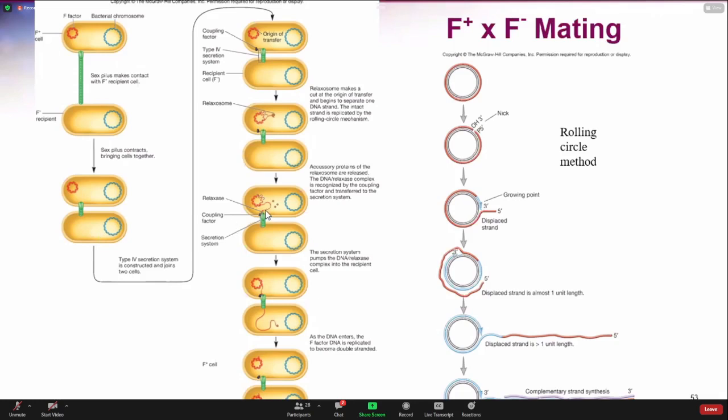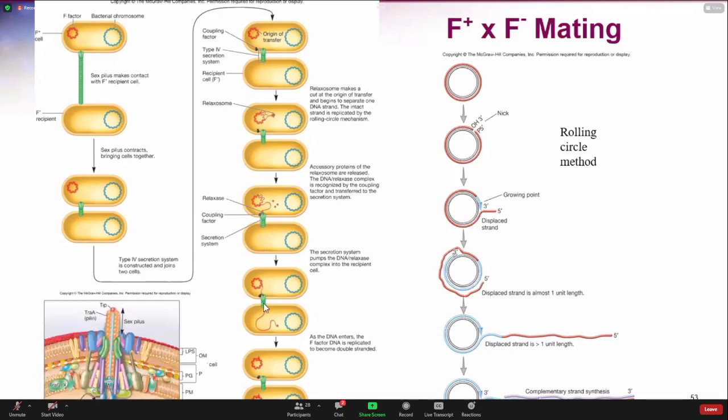The coupling factor helps to associate the relaxase with the secretory system, and the secretory system is going to then have pumps that are going to use ATP to transfer this DNA from the F plus cell into the F minus cell. So as long as the two cells remain attached together, the F factor will continue to be pushed in.